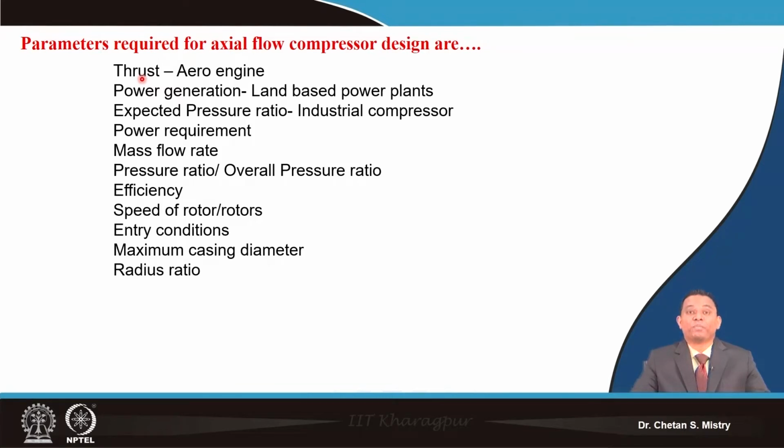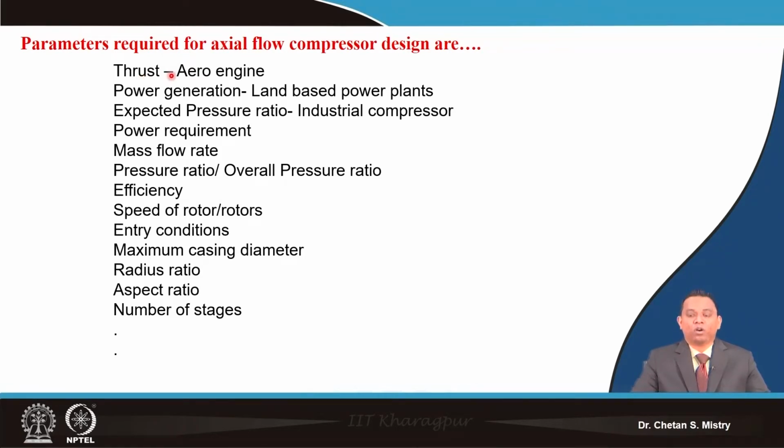Then we have the radius ratio, the aspect ratio, and the number of stages. Yes, this is very important. If you recall, last week we were discussing all these parameters which are of importance when we design an axial flow compressor. There are many parameters of such kinds.